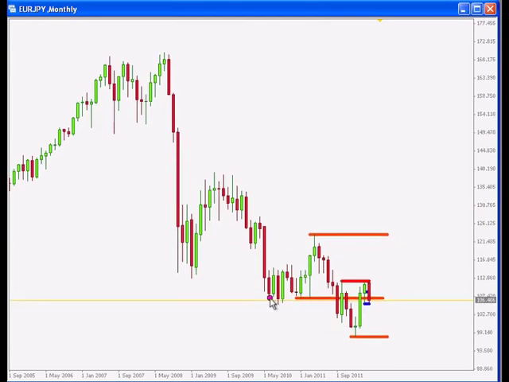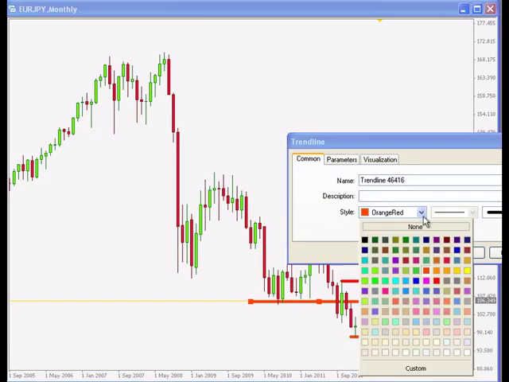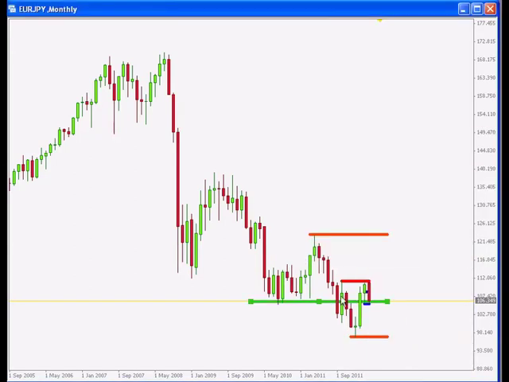So this level here, in fact, also belongs to the monthly time frame. Do you see how this support resistance area that I was mentioning before can be stretched back in time? All right, I'm just gonna do that. Just a second, guys. There we are. It can be stretched back in time, and therefore it deserves a green color.